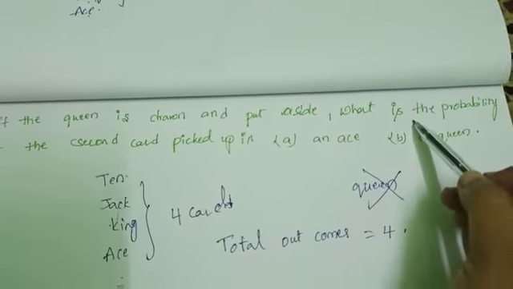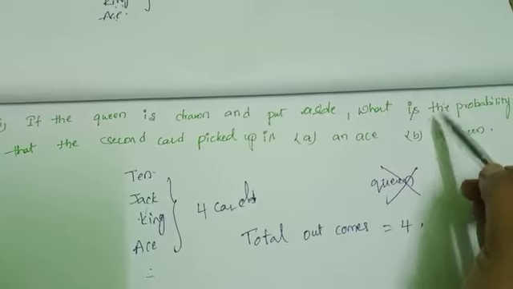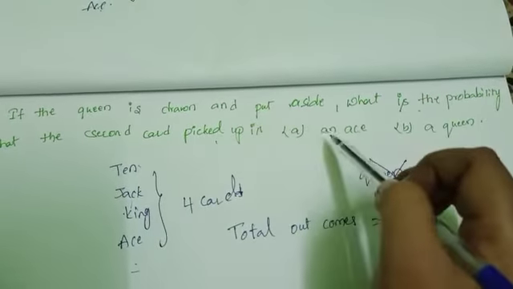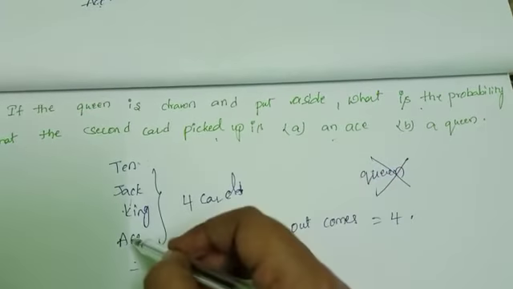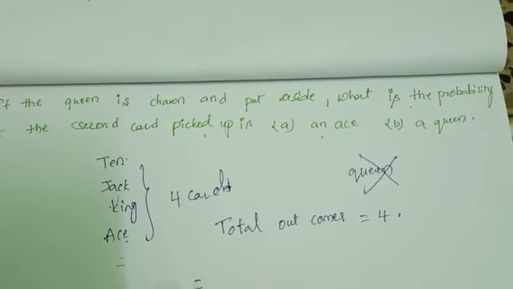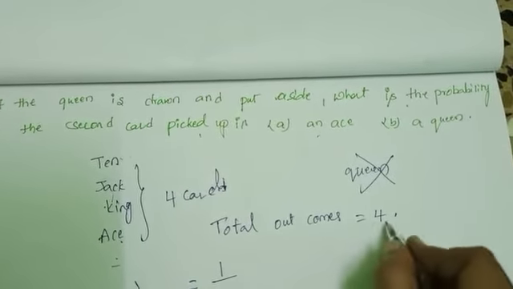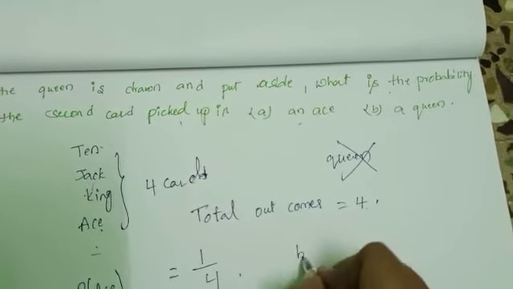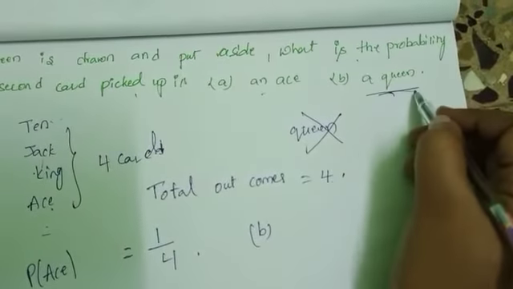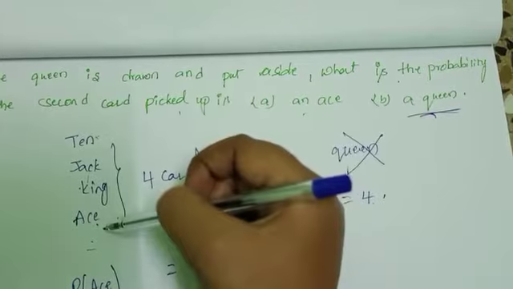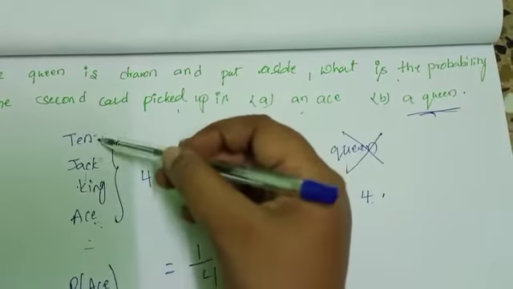What is the probability that the second card picked up is an ace? How many aces? Favorable outcomes are 1 by total number of outcomes 4. Next one, a queen. See how many queens are in these 4 cards? No queen.